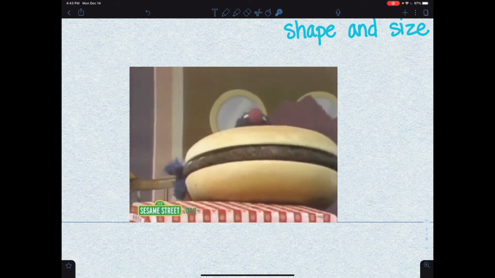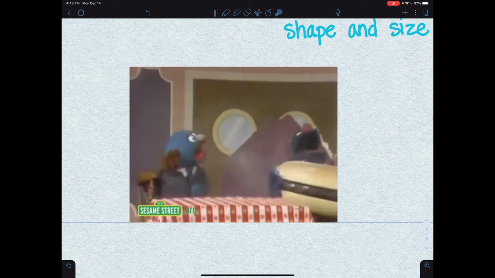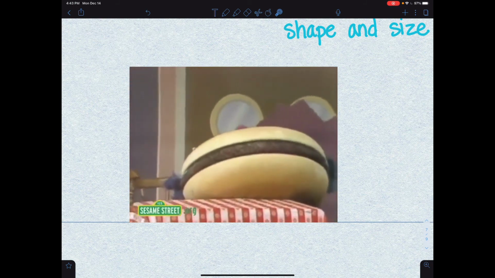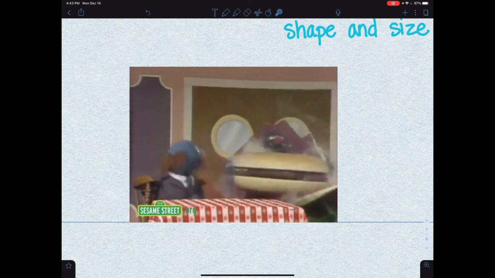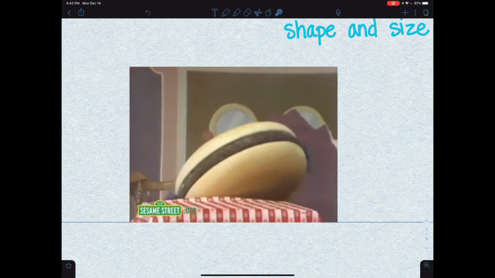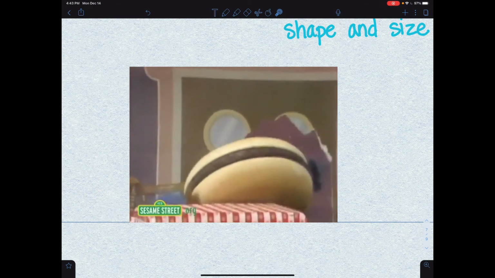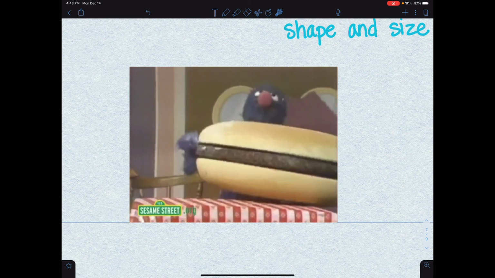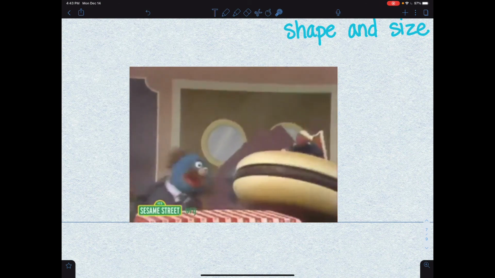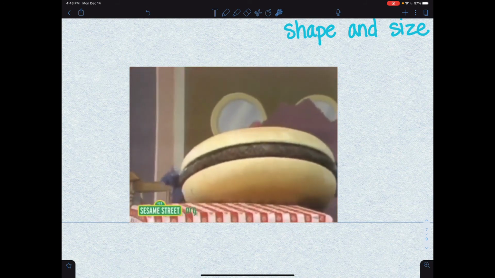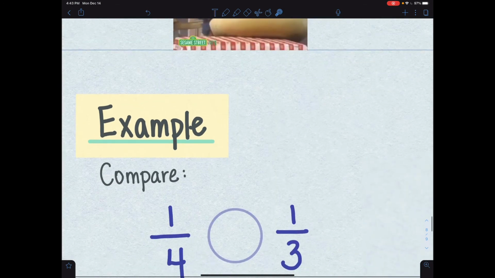That hamburger is huge. So if you're comparing hamburgers, half of this hamburger would be way bigger than like 20 normal hamburgers, right? So that wouldn't be a fair comparison. So that's why the figures have to be about the same size or shape, and that means they have to be congruent.